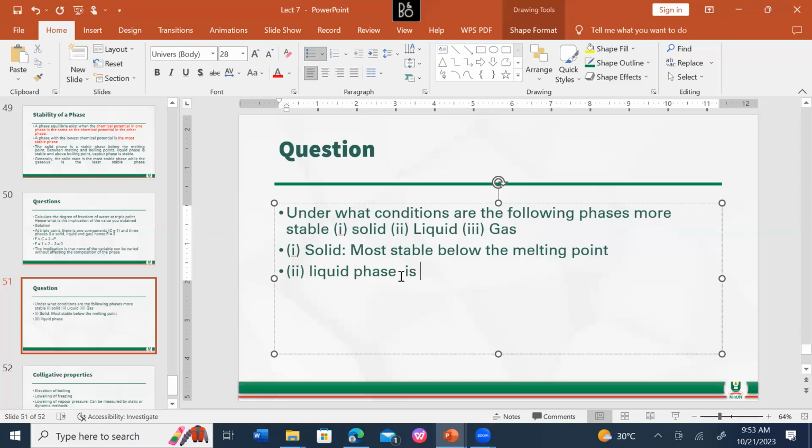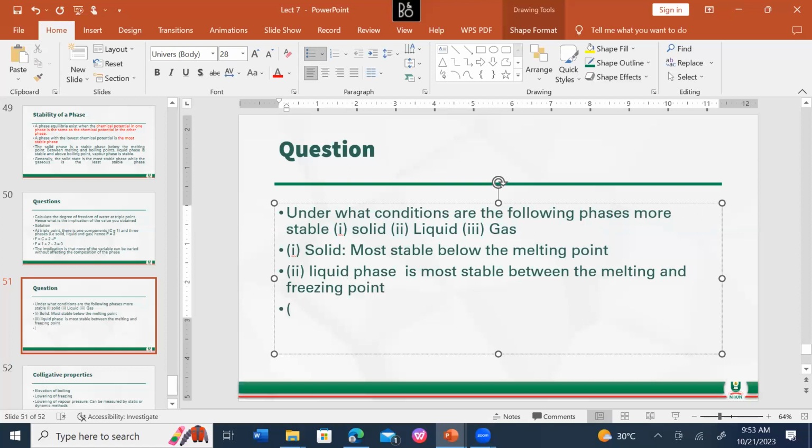is most stable between the melting and boiling point.